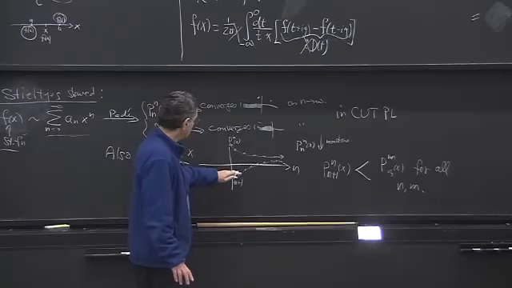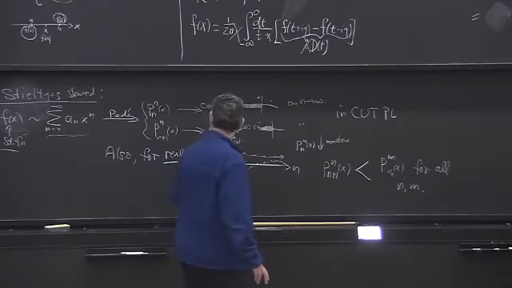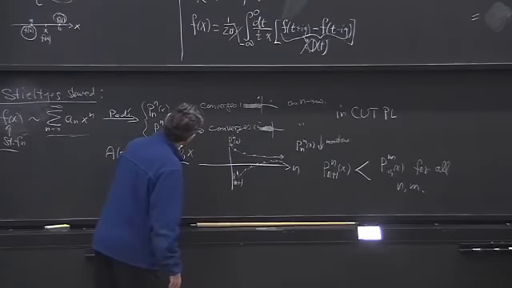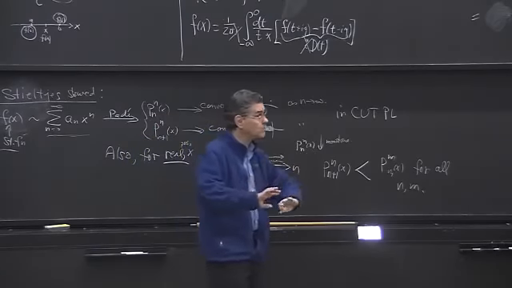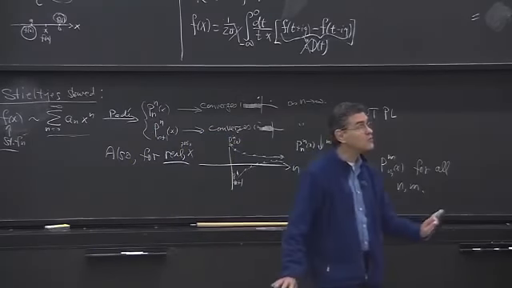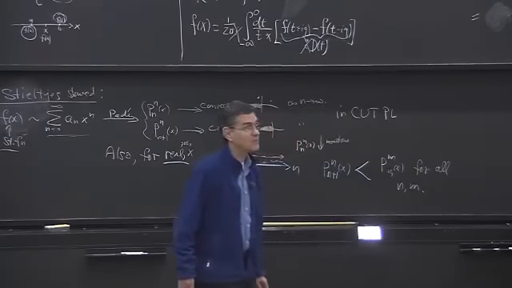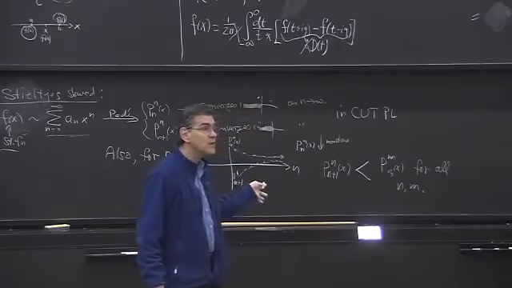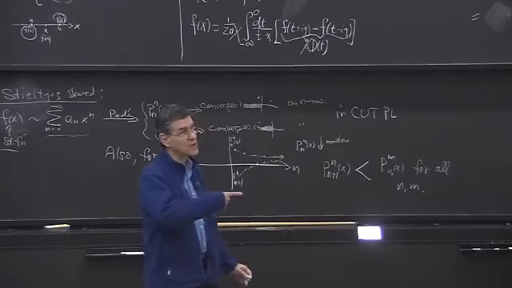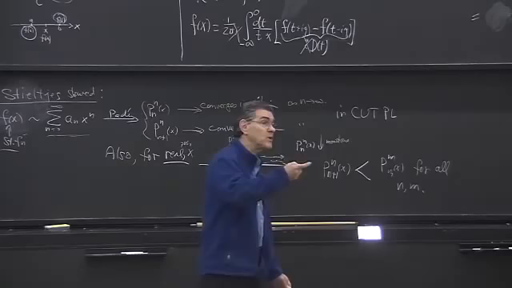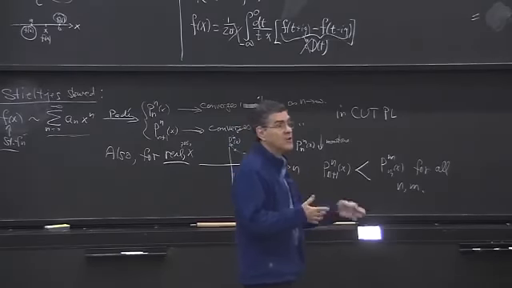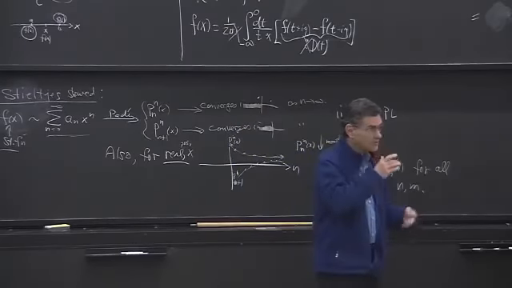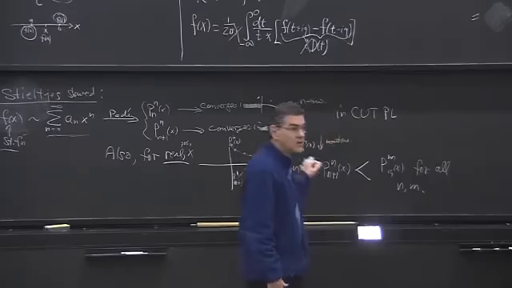Again, this is only for real positive x. We cannot use the Padé for negative x, and that's because the function itself is not unique for negative x. There's a cut. It's like the square root function. Actually, it has a logarithmic type of cut, so it has many different values on the negative axis.